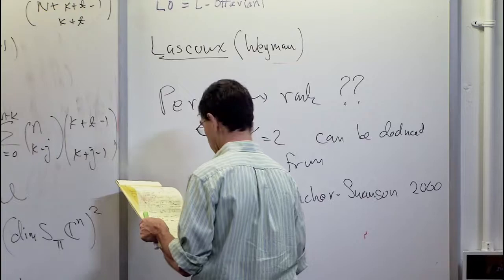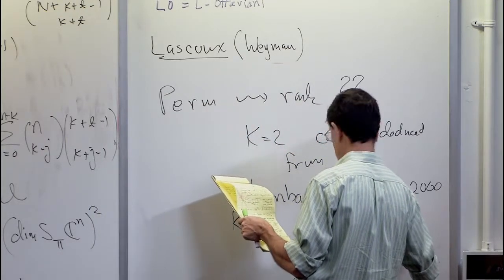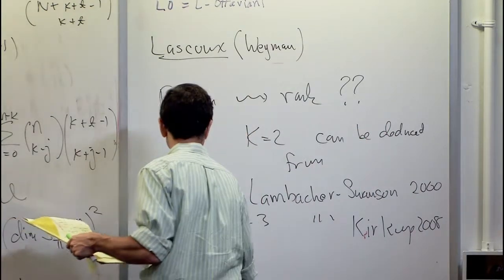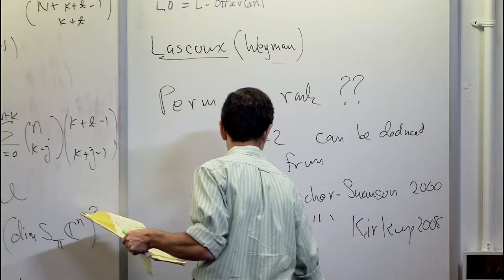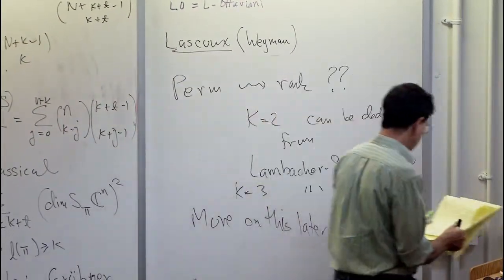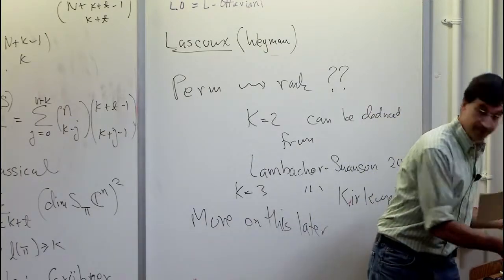And for k equals 3, it can be deduced from work of Kirchhoff in 2008. And more on this later. When I talk about minimal free resolutions, I'll give you a little bit more information about that.